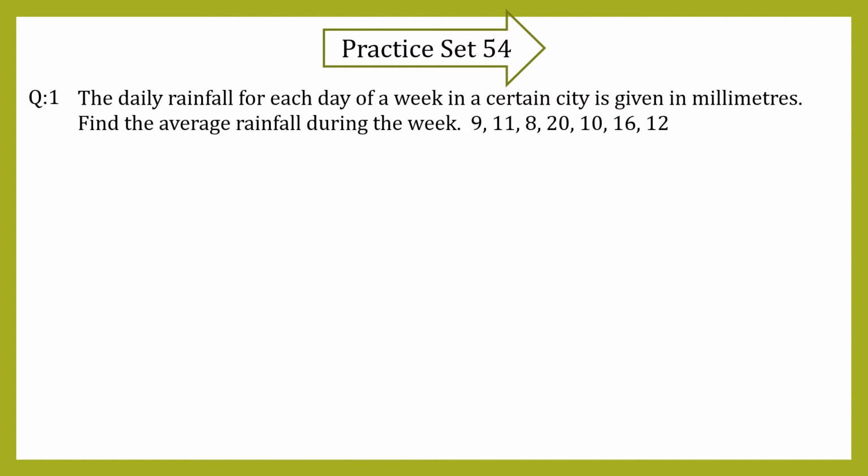Let's take Monday: the rainfall was 9 millimeters. On Tuesday, it was 11 millimeters. On Wednesday, it was 8. On Thursday, 20, and similarly 10, 16, 12.